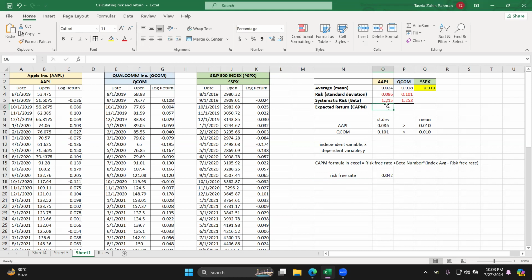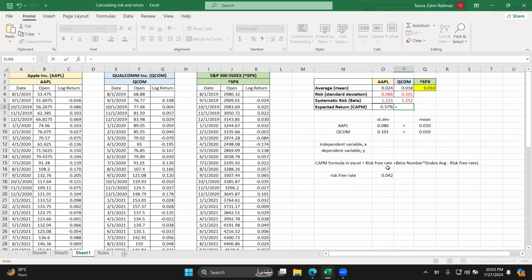Okay, now we just put it in the formula. The risk-free rate plus beta number of Apple multiplied by the index average minus the risk-free rate. 0.37%.